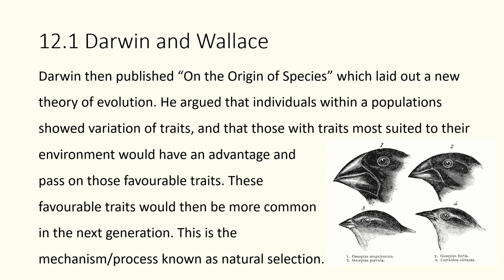And those individuals with those traits would pass on those traits and they would reproduce more often. The favorable traits would then be more common in the next generation and in the next and in the next and in the next, until eventually you've got an organism that is effectively changed past what it originally was. And this process is known as natural selection.